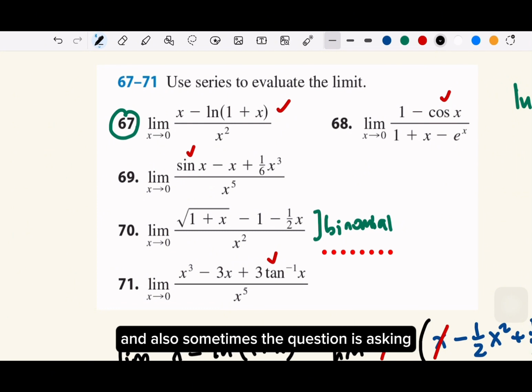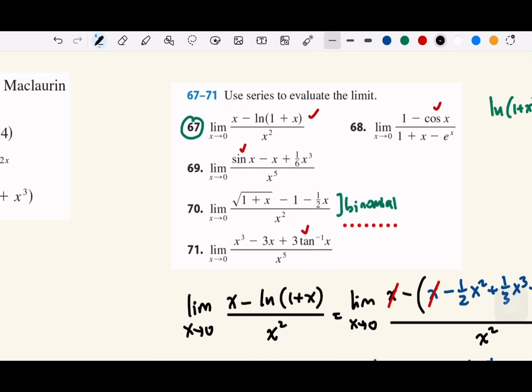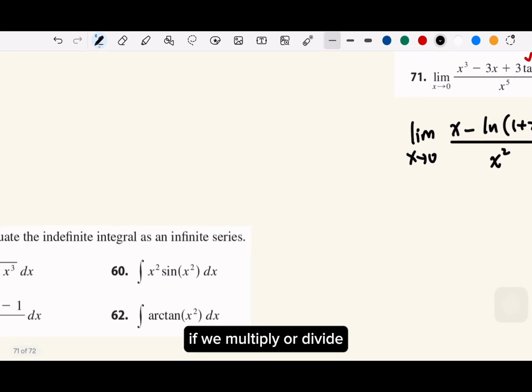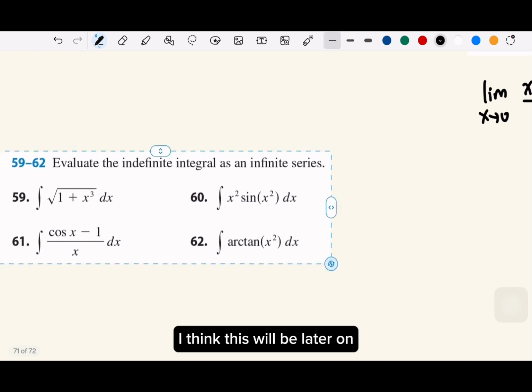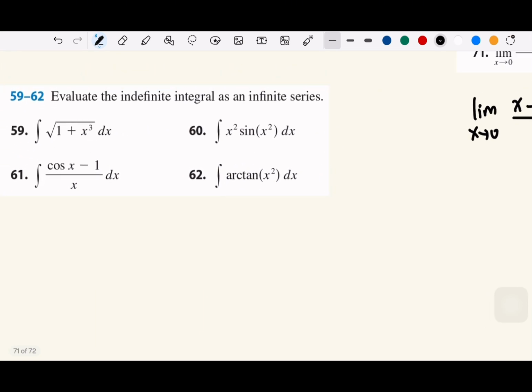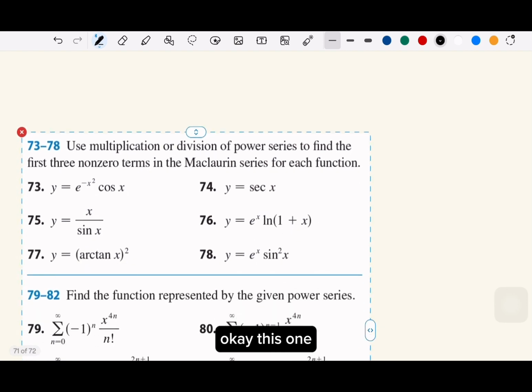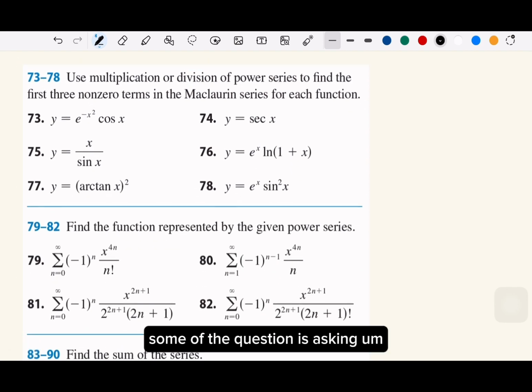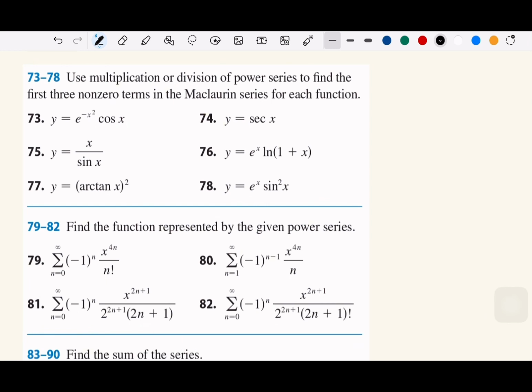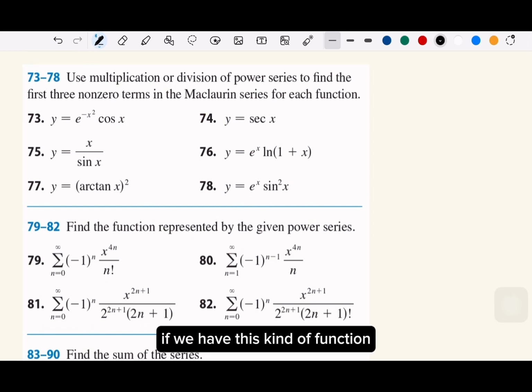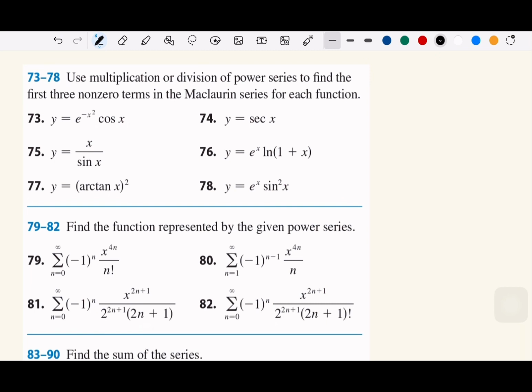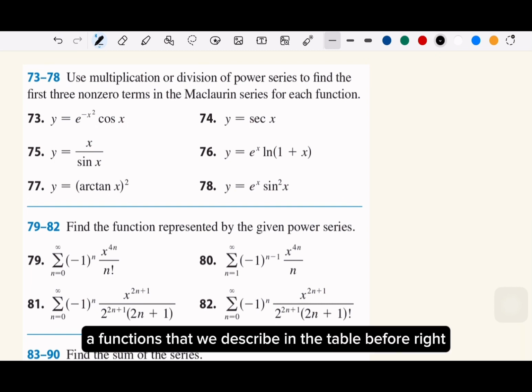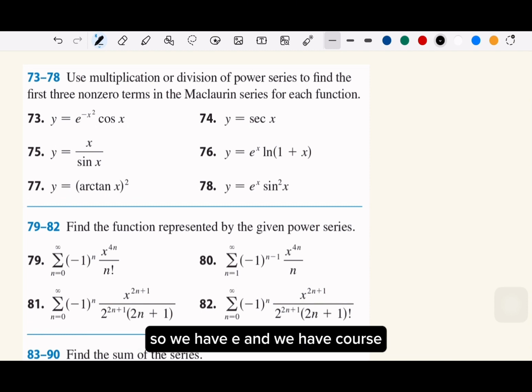And also sometimes the question is asking if we multiply or divide. Sometimes the question is asking, if we have this kind of function which is composed of functions that we described in the table before, right? So we have e and we have cosine.